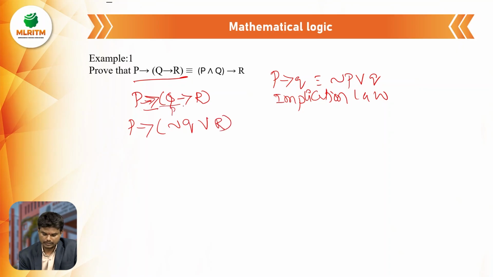This is P, this is Q. So we can apply the implication law. What is the P? P means Q, so we can write negation Q or R.